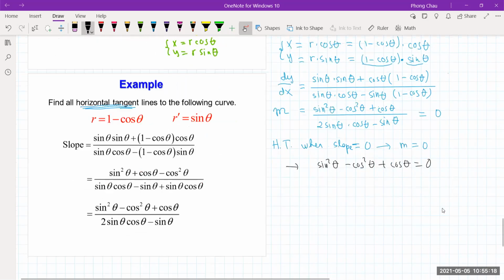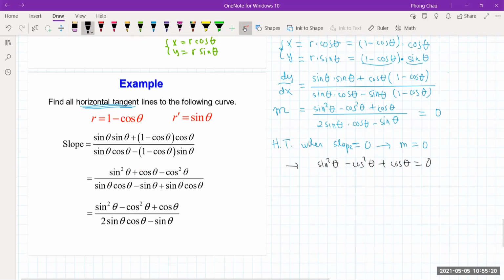So here's a quick review of solving trig equations. If you want to solve trig equations, keep in mind that you want to write everything in terms of one unique function. You see there's a cosine, a cosine, and a sine.